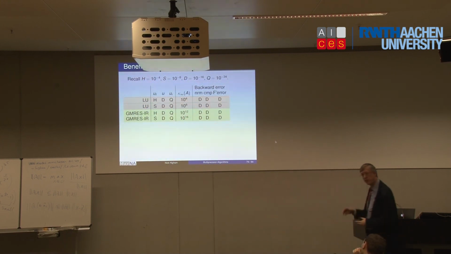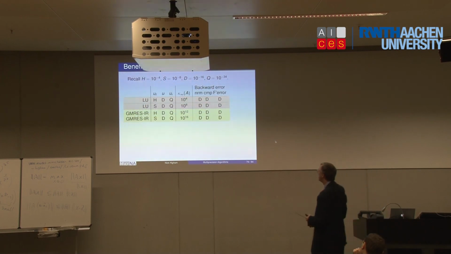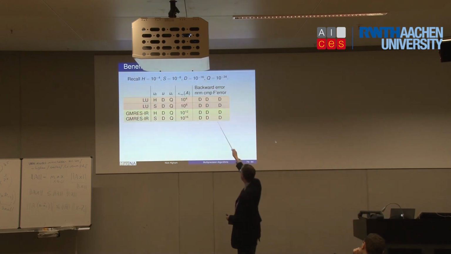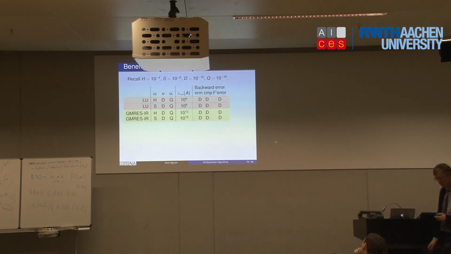So GMRES does a very good job of handling the ill conditioning of the matrix through this preconditioning operation. So if you compare the first line in pink with the first line in yellow, the only difference is the much, much larger range of condition numbers that we can accommodate.